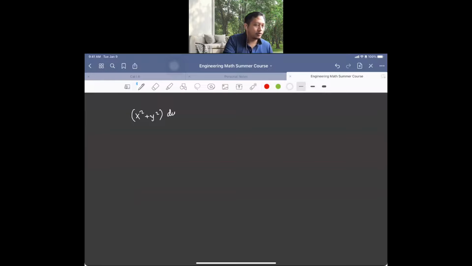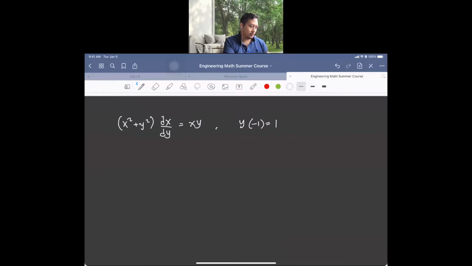Yeah, the dy over dx equal xy. And then we have an initial value: when x is negative 1, y is equal to 1. Yeah, this is the same question, right?